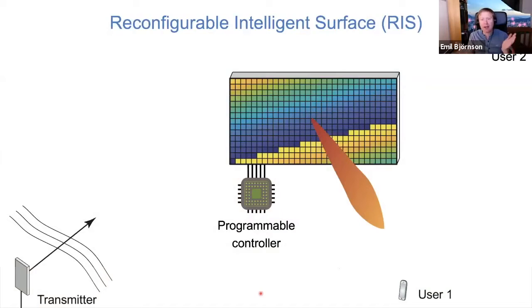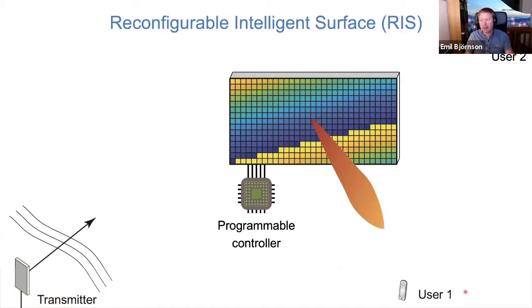So this is an idea of how a reconfigurable intelligent surface could work. You have a transmitter somewhere. You have this surface. You have a user. And then you are programming and controlling the surface so that when the signal is coming in here, and we know that this signal is meant for user 1, then all the signal energy that is received at this surface is going to be immediately beamformed towards user 1.